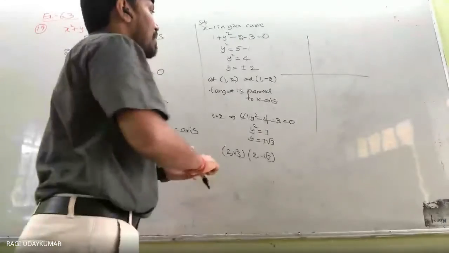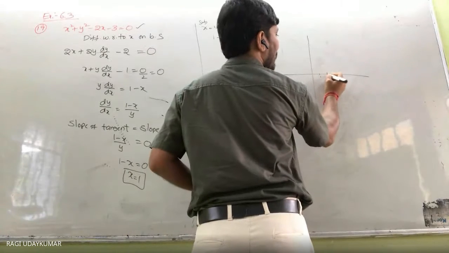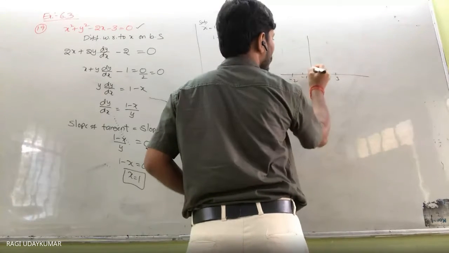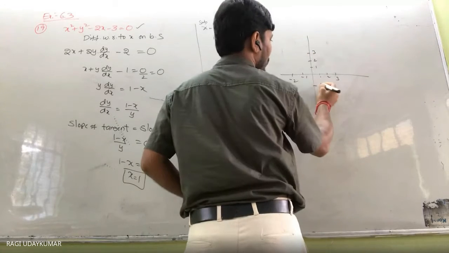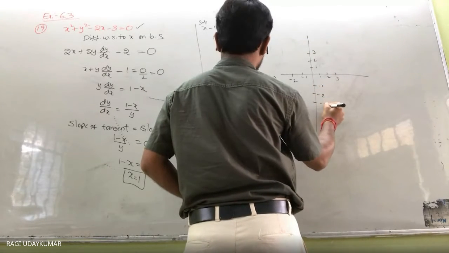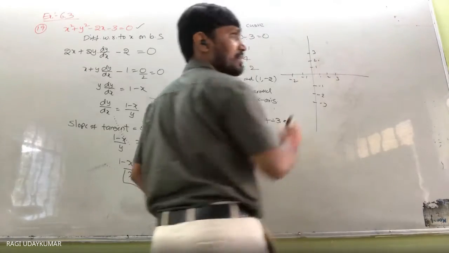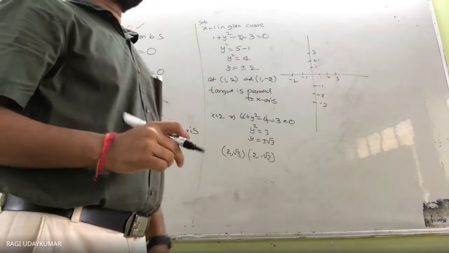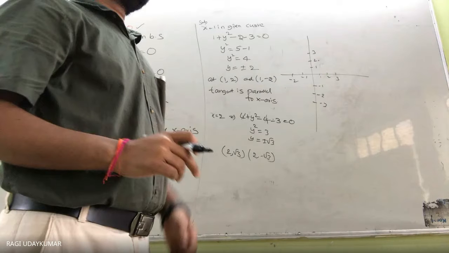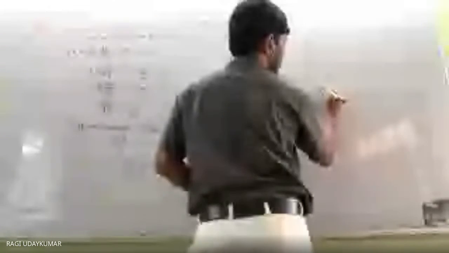Graph: 1 comma 2, 1 comma minus 2, minus 1 comma 2, minus 1 comma minus 2. These are the points. 1 comma 2 is a point. 1 comma minus 2 is the point.